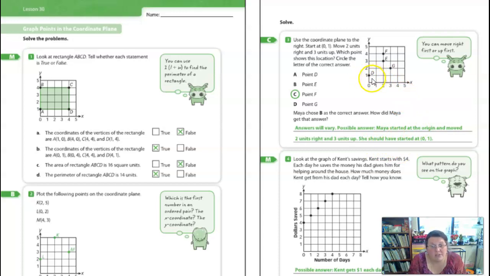You could have also said that she moved 2 units right and 2 units up. It just depends on who you ask with that. She could have started at the origin and moved the correct number of spaces, or she could have started at 0, 1 at the point D and moved 2 right and 2 up. Either answer is acceptable.